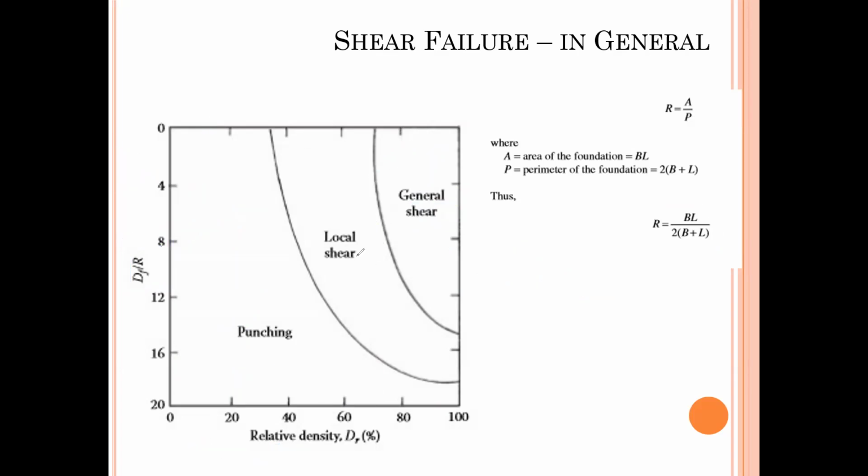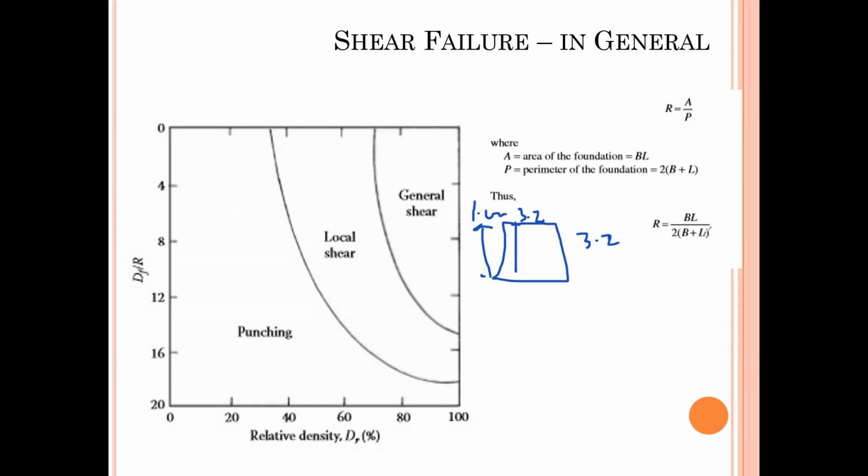Think of a simple exercise. Let's say you consider a foundation like the previous example, let's consider 3.2, 3.2, the dimensions that we got. Let's say the depth is 1 meter.